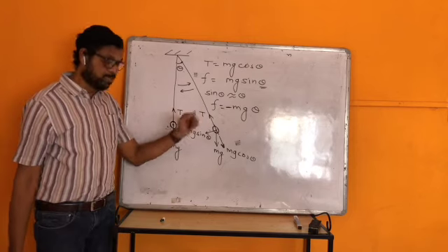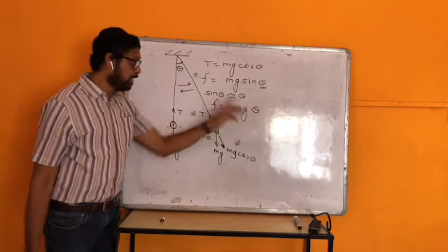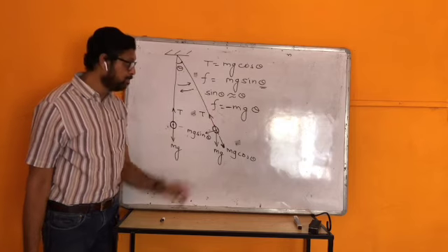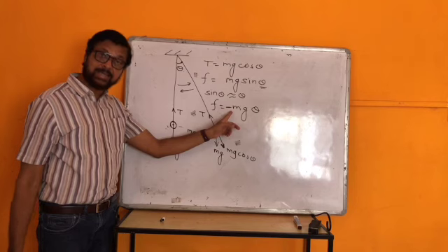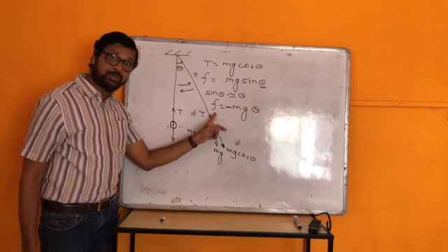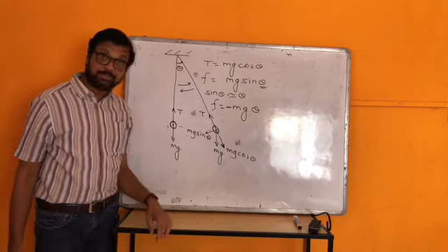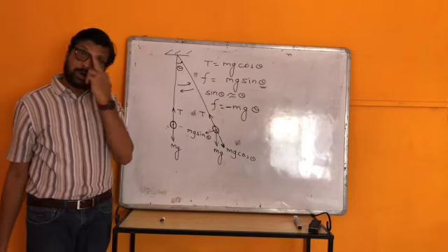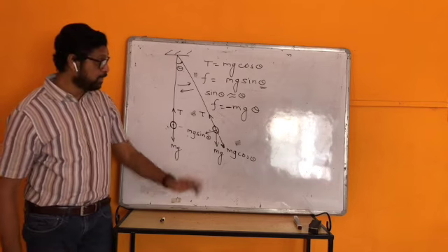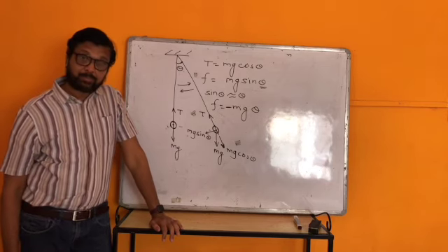So F is the restoring force, theta is the angular displacement, m is mass of the bob, and the negative sign indicates that the restoring force is in the opposite direction of theta. Theta is increasing in this direction, restoring force is in the opposite direction. So F is equal to minus mg theta.